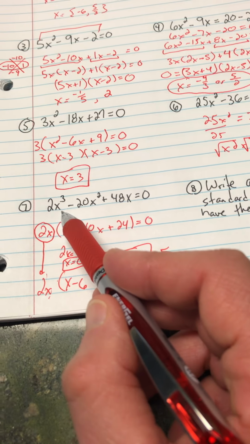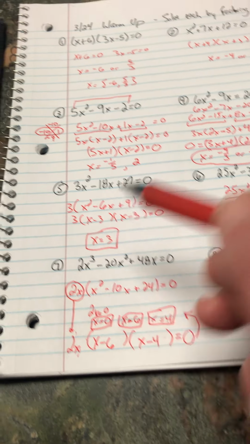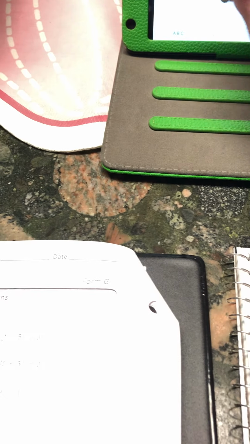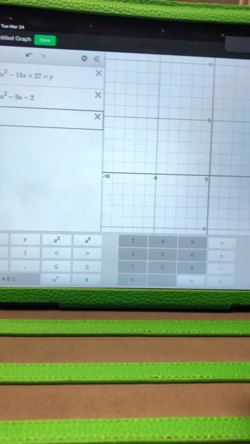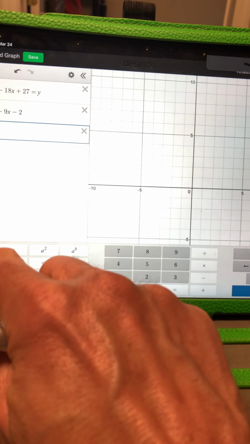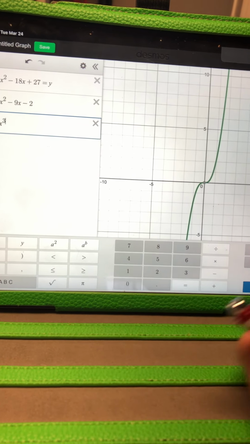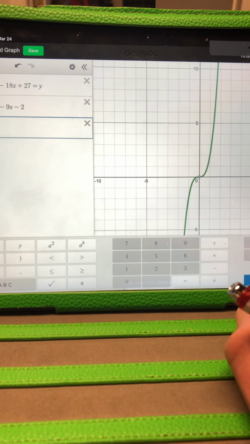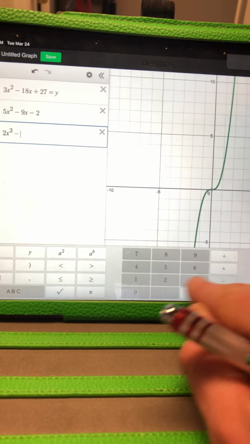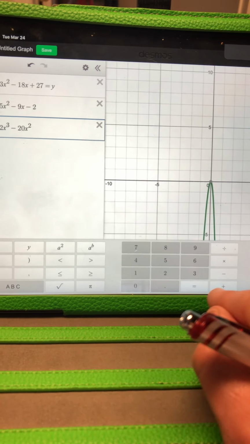It was a cubic. Once again, if you want to check that, you can go ahead and plug it in on Desmos and see what happens here. Pretty neat stuff. Desmos is a really powerful tool to be using. I'll go back to the original problem. It was 2x cubed minus 20x squared plus 48x.